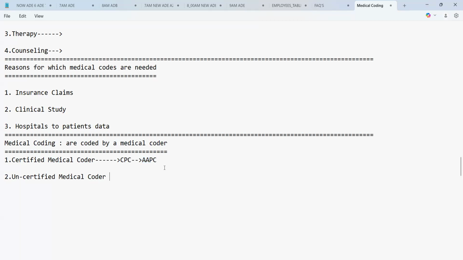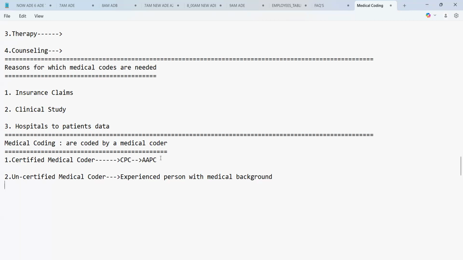Uncertified is nothing but an experienced person with a medical background who can code them, but is not certified.